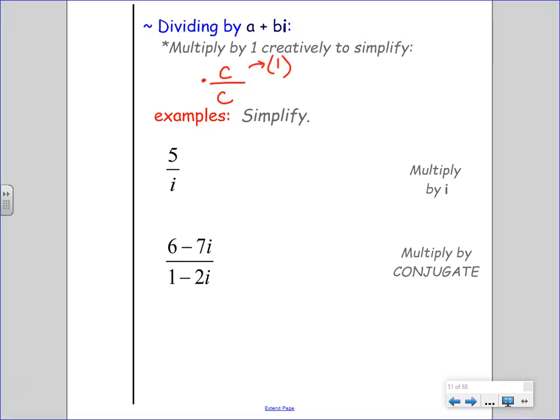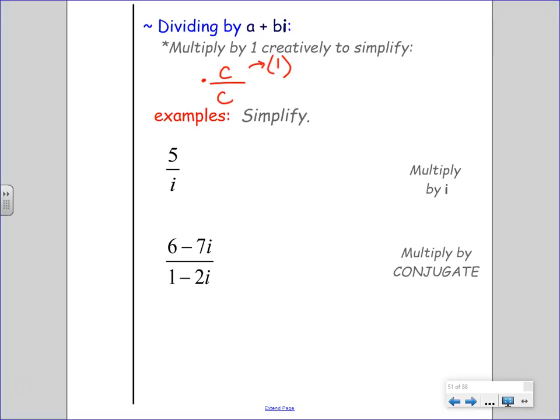Where do we multiply by 1 creatively? We multiply by 1 creatively when we need common denominators. What if I needed 1/2 plus 1/3? We need common denominators.